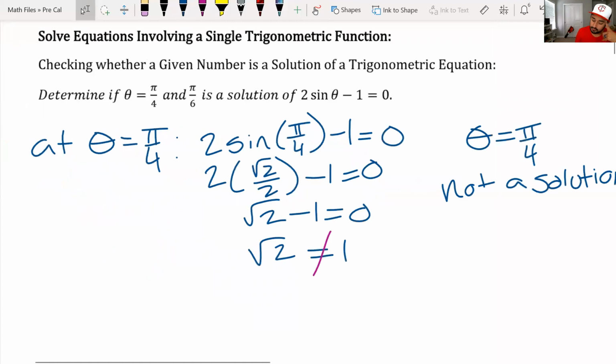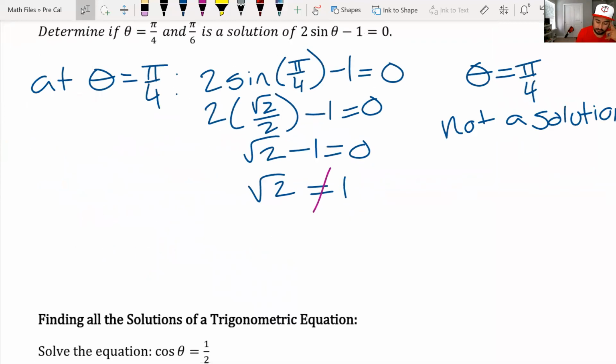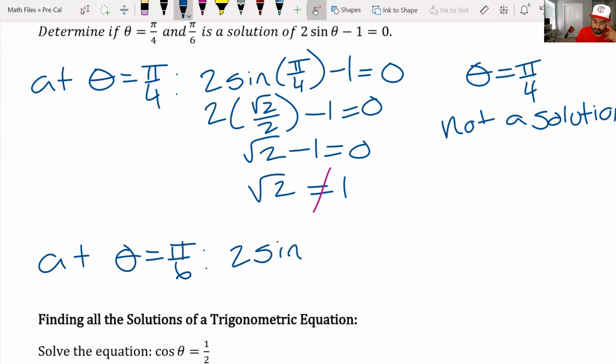Okay, then we try pi over 6. And theta equals pi over 6, you get 2 sine of pi over 6 minus 1 equal to 0. Sine at pi over 6 is 1/2.